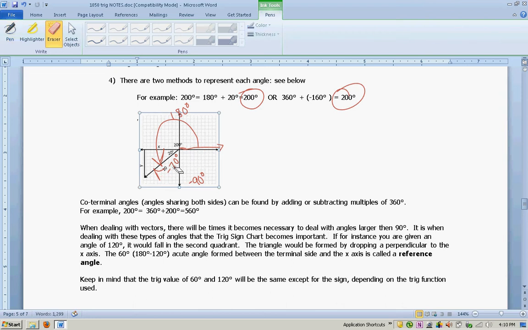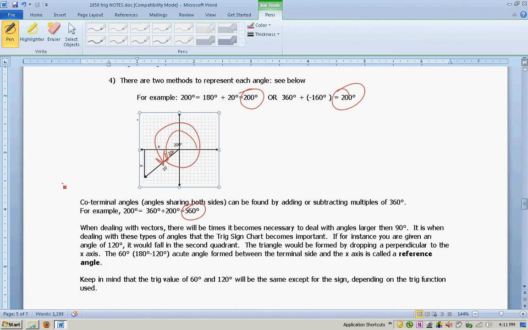So coterminal angles are really just angles that have more revolutions than another one. For instance, we said this was a 200 degree angle, but if I went around again and ended up on that side again, that would be a 560 degree angle.